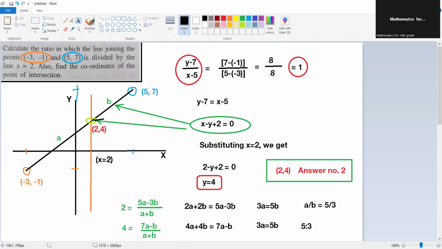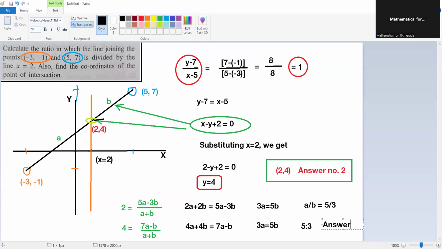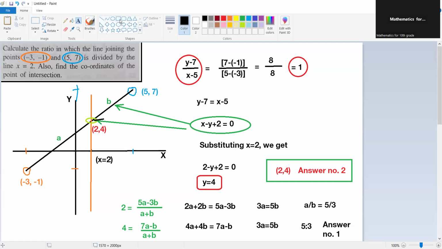That's the answer number 1, sorry. I will mark this in green. So this is the ratio in which this point divides the 2 points given. So 5:3, A by B is 5/3. Thank you.